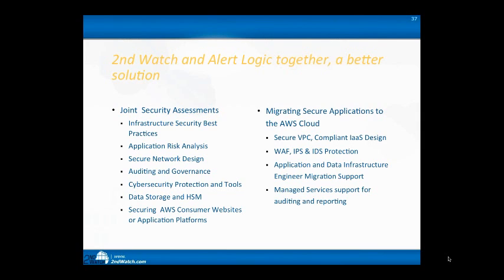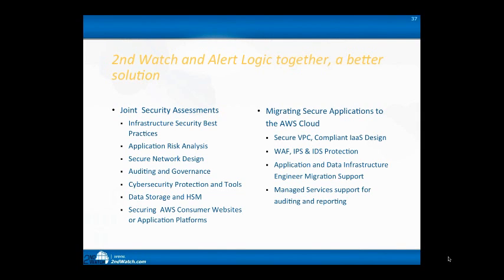So, as I said, we partner with AlertLogic on projects, and we found that it's been a very good partnership, and our customers are using a lot of their services fairly extensively. In our partnership, we do joint security assessments. We help our customers walk through and put together policies around security best practices. We work with AlertLogic in doing application risk analysis.